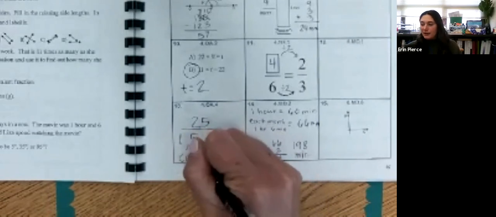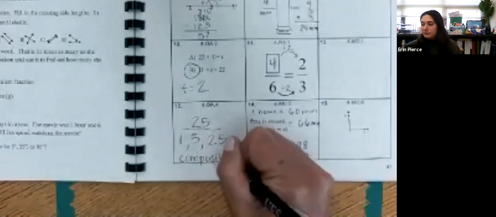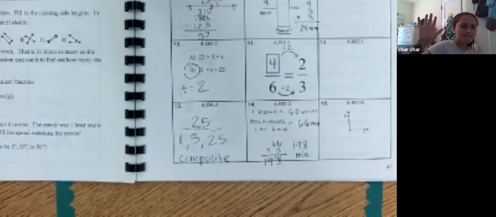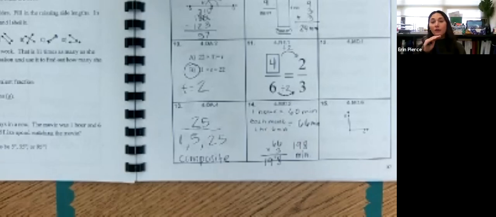And so say on your quiz last week, for instance, your quiz question was 13. Is it prime or is it composite? A lot of you were able to tell me that it was prime. It's a prime number, 13. But not all of you could explain why 13 is a prime number.